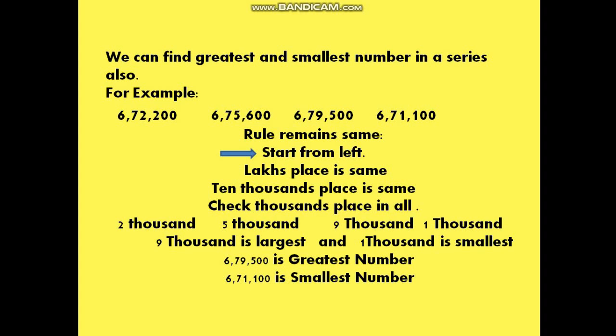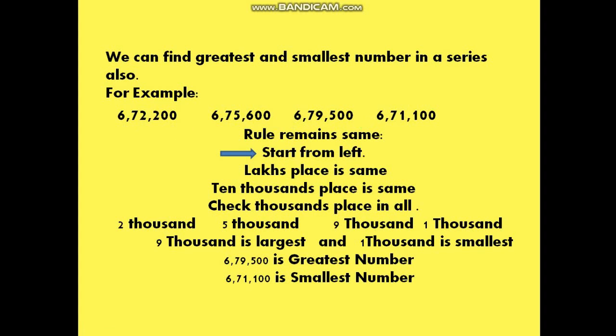Here the rule remains the same. We have to first look at the number of digits. Here the number of digits is the same. So we are going to start from the left. Now observe the digit. 6, 6, 6 and 6 are all the same at lakhs place.